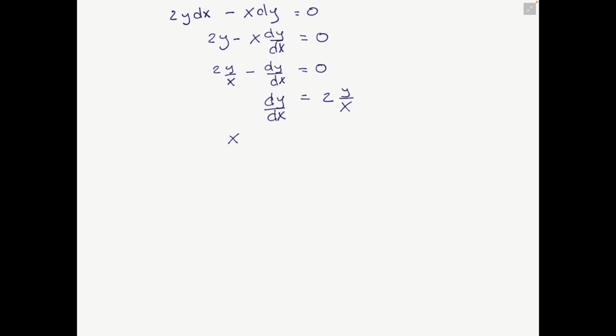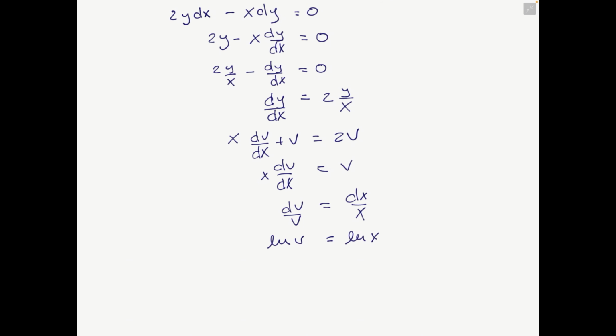And now we convert: x dv/dx plus v equals 2v. And we have x dv/dx equals v. dv on v equals dx on x. ln v equals ln x plus c.